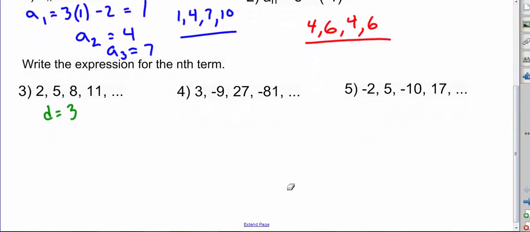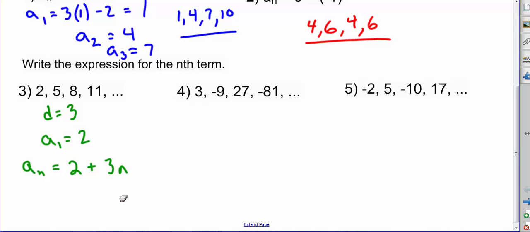Now, the other thing we have to consider is essentially, where does this start? So I know the first term, a sub 1 is what I'm going to call it, is 2. Now I'm going to write a little function. It's not going to be exactly right. We're going to have to adjust it. I'm going to say that to find the nth term, you take the first term, which is 2, and you add the difference, 3, times the number of terms, which we'd say is n.